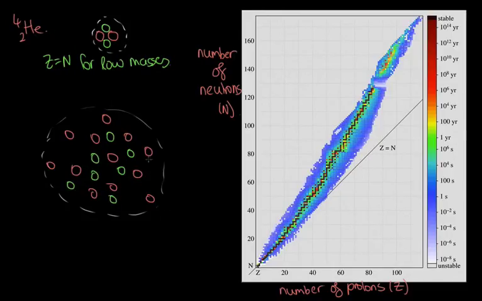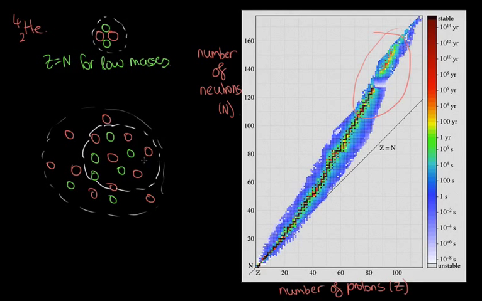Now the problem is that the range of this strong nuclear force is not quite the same as the size of the nucleus. So the strong nuclear force is limited to 1 Fermi or 1 femtometer, and as we get up into this region of the graph up here, our nuclear radii are getting a bit bigger than that. So our strong nuclear force is limited to part of the nucleus in here.